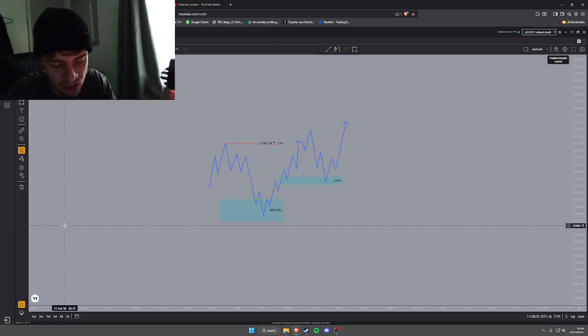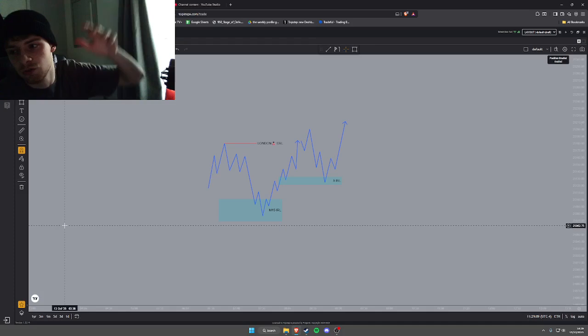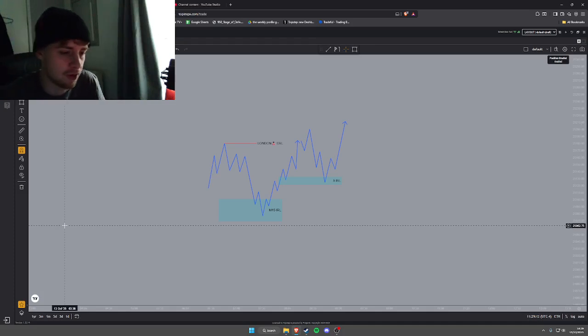So a 15-minute IRL to ERL move, you want to be in on that on the 1 minute. An hourly IRL to ERL move, you want to be in on the 5 minute. So say there's an hourly fair value gap, and then you want to go to an hourly high, you use a 5-minute entry model, right? I mainly use the 1 minute. So what I'm mainly looking for is 15-minute IRL and ERL, right?